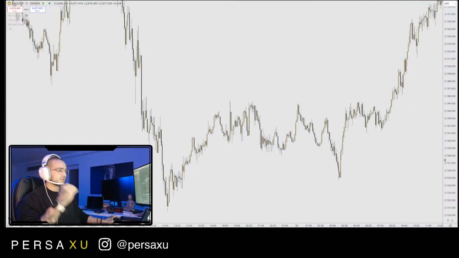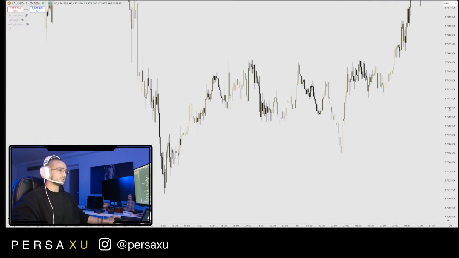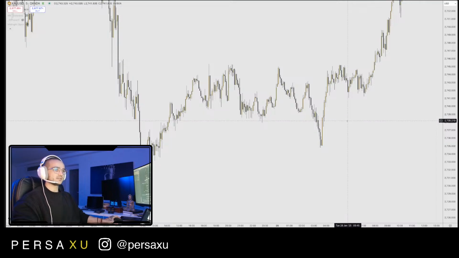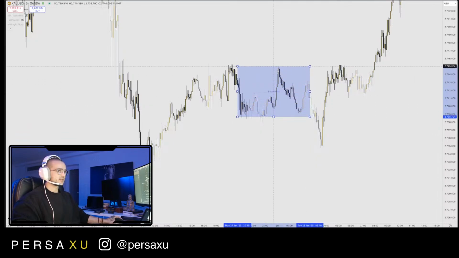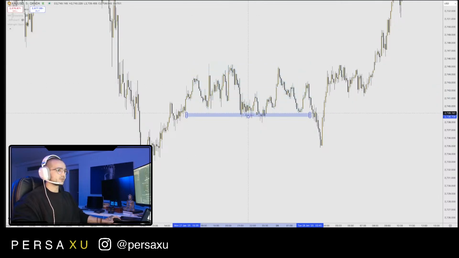And what I learned to spot, and what I like to wait and look and see if it takes place, is for the support of that range that it was consolidating in. You see, so this is the range, but I focus on the support.